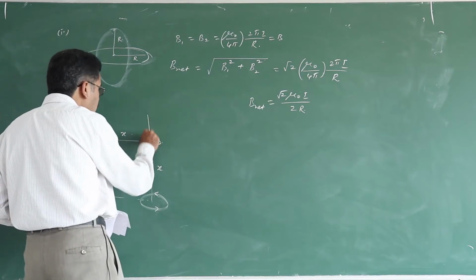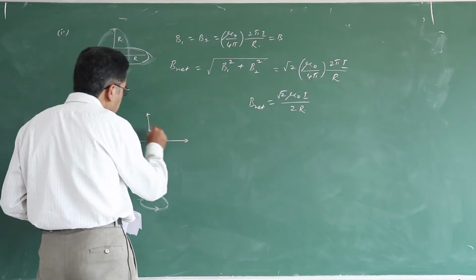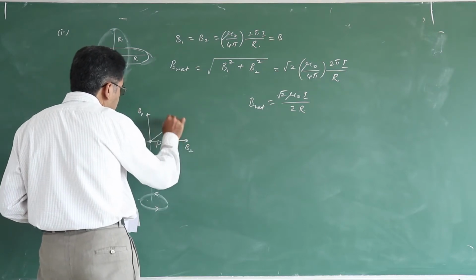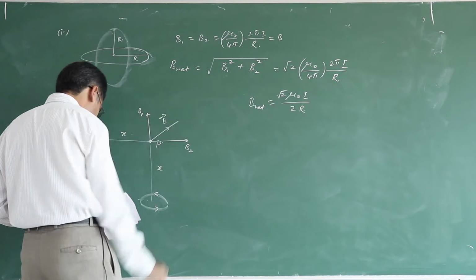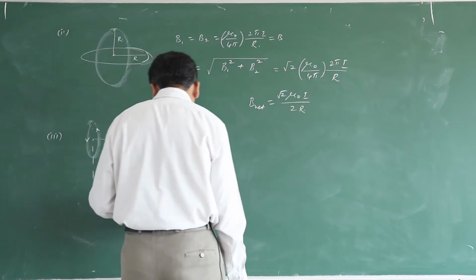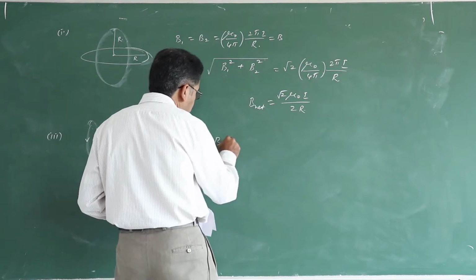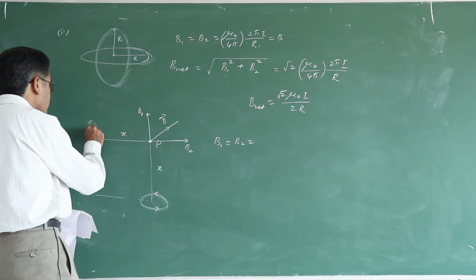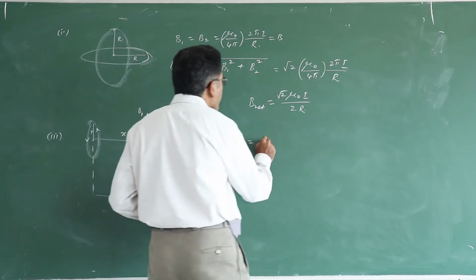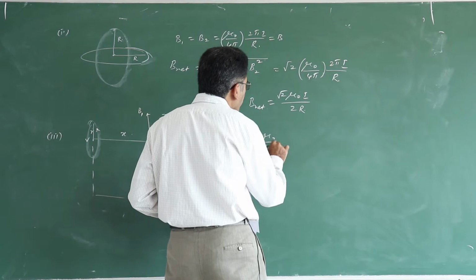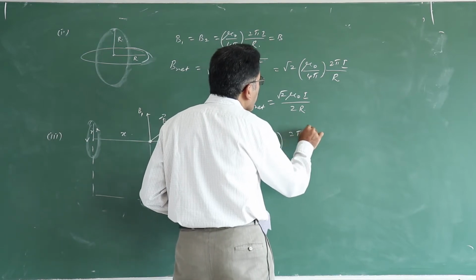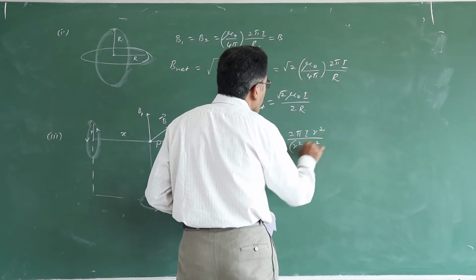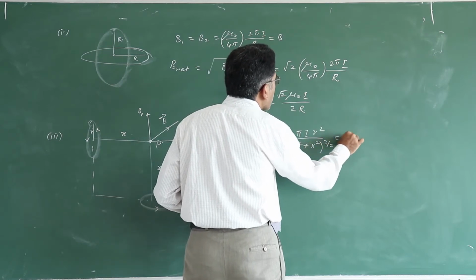Magnetic field due to one coil, magnetic field due to the other coil, say B1, B2. Then B1 is equal to B2, both are of the same radius, equal to mu naught by 4 pi, 2 pi I r square by r square plus x square whole to the power of 3 by 2. So I take this as B.